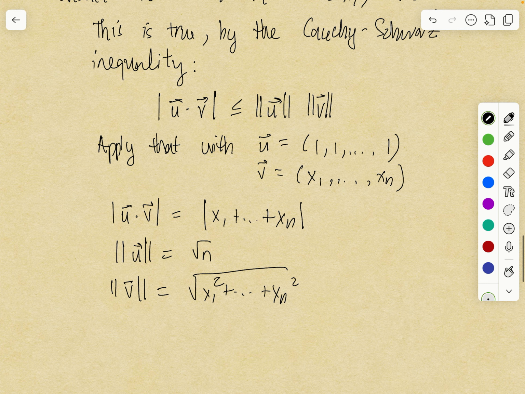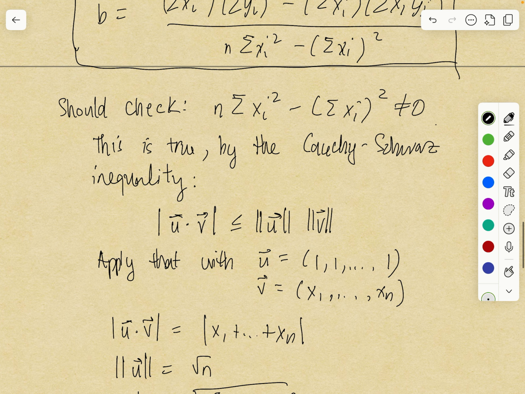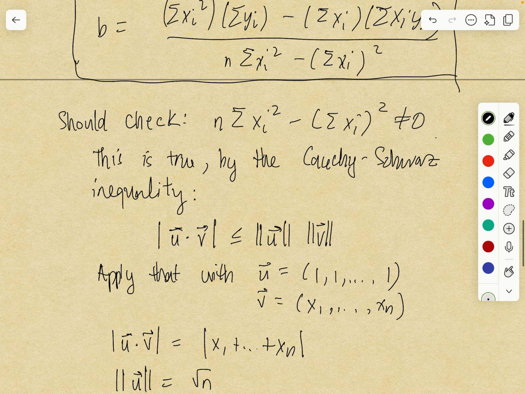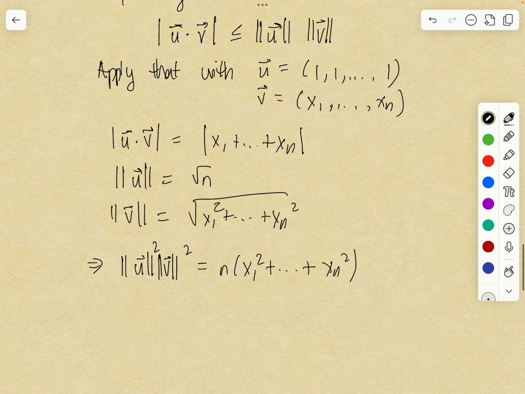So then, when you look at the length of u times the length of v, squared, that's going to be n times x1 squared plus dot dot dot plus xn squared. And that's what I have here. And then on the other side, if I take the dot product of u and v and square it, then I just get x1 plus dot dot dot plus xn, in parentheses, squared.